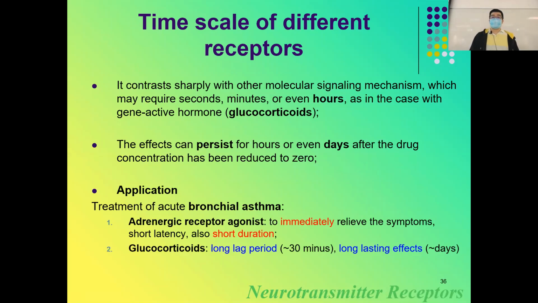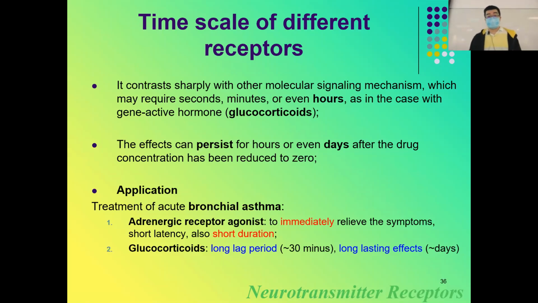Now, however, other mechanisms may require minutes or even hours, for the case of the gene active hormone, for example, the corticoids. The effects can persist for hours or even days, depending on what drugs.